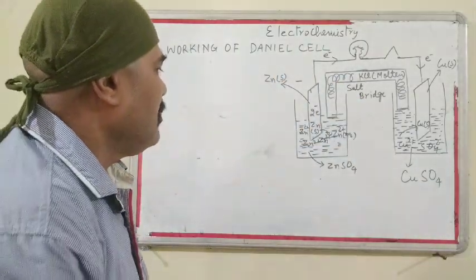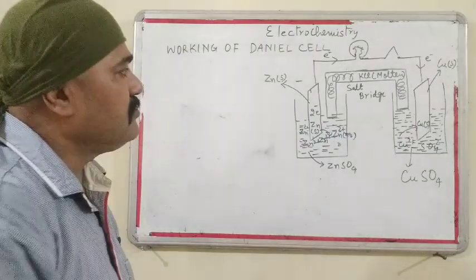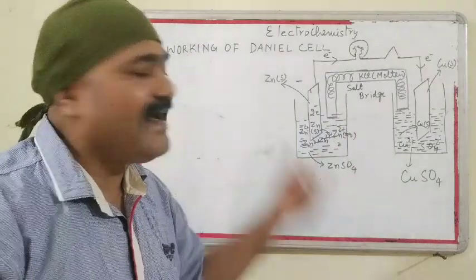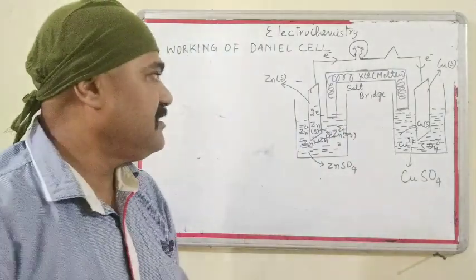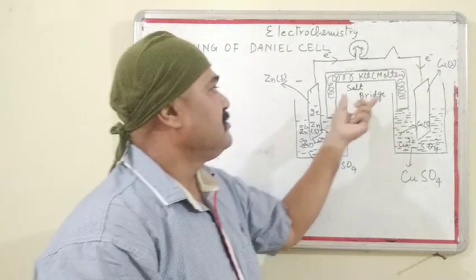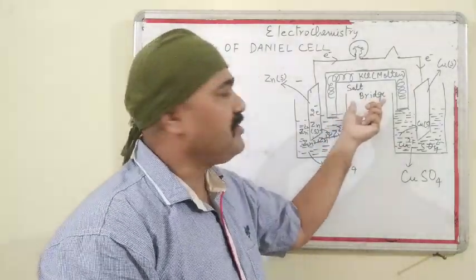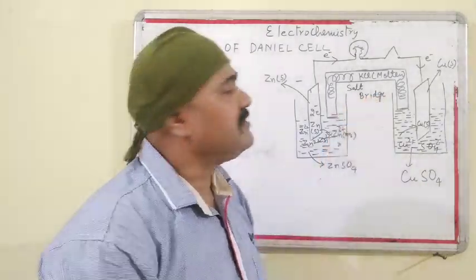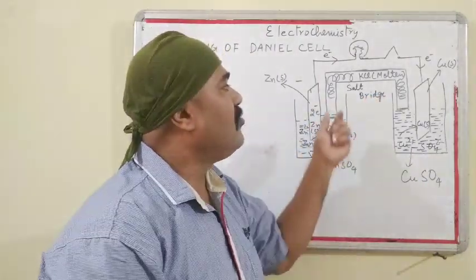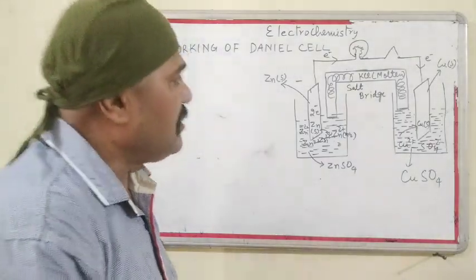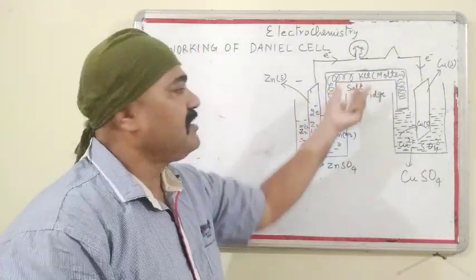So what to do? To get continuous electricity from this assembly, we use this inverted U-tube, known as the salt bridge. In this salt bridge, molten KCl, potassium chloride, is filled. Now look how it works.